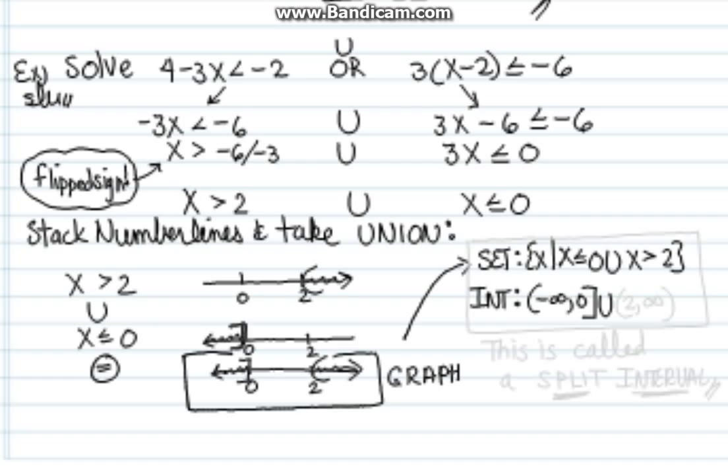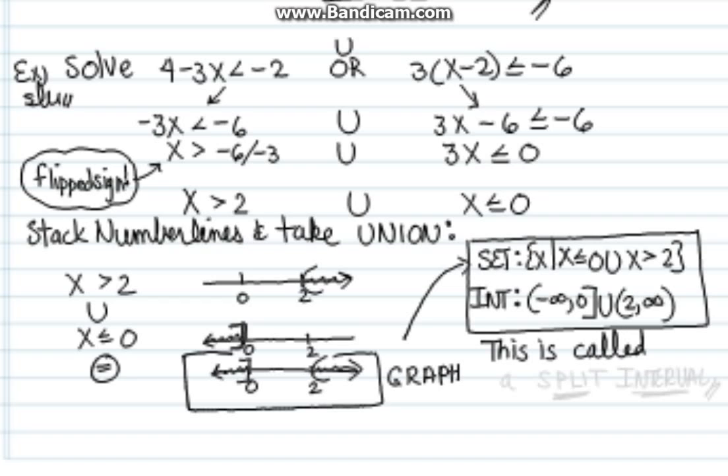We'll union that answer together with the other interval for values greater than 2. So we're going to have 2, but we're not including 2. There's no boxy bracket on 2, so put a round bracket on 2, comma, all the way out to infinity, which always gets a round bracket. And when you look at the graph, it becomes clear that this is called one of those split inequalities because it has a big gap in the middle.